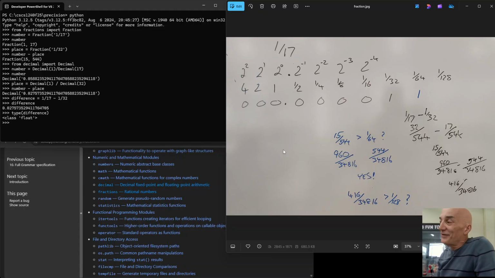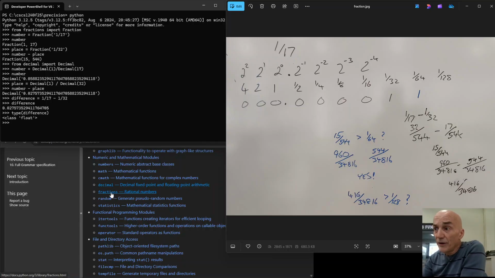And as much fun as it would be to think about manipulating numerals symbolically, I'll give us a break here and say that Python supports arbitrary precision, and in the numeric and mathematical modules section of the standard library is a decimal module and a fractions module.